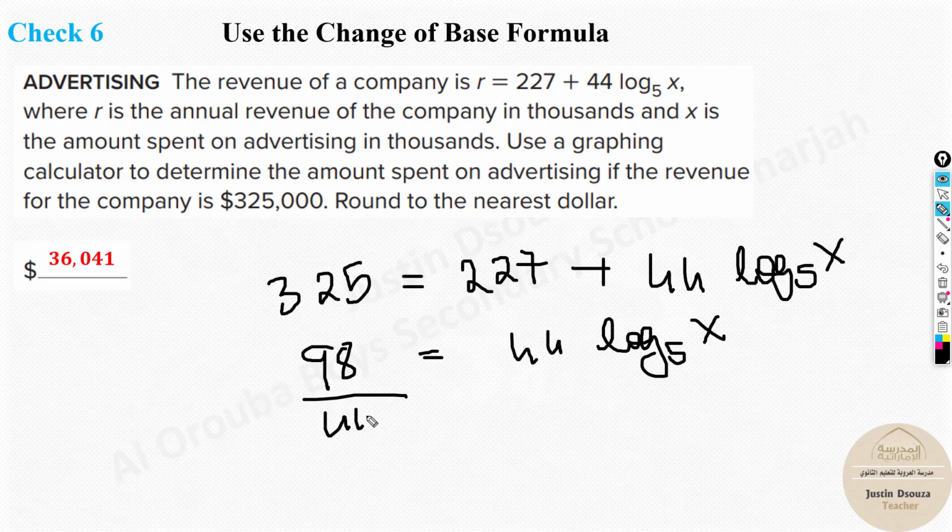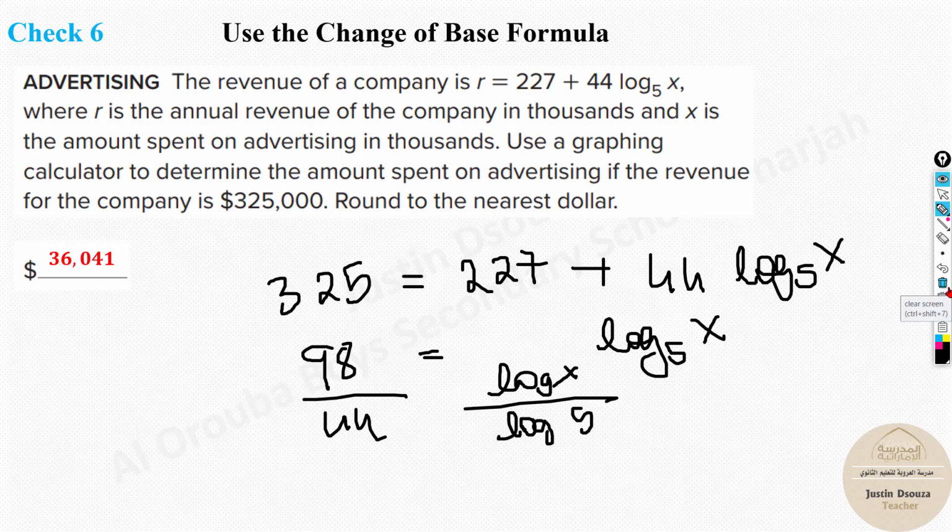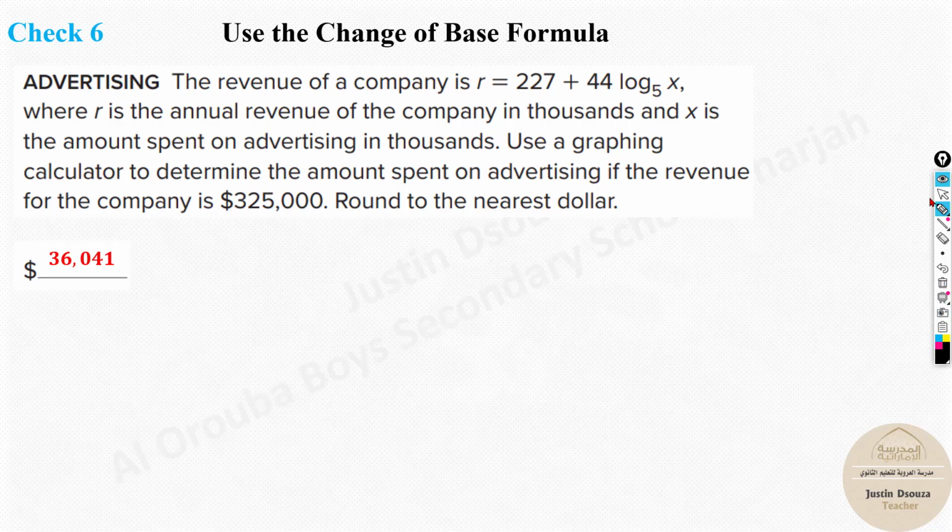Take this 44 over here, so that's gone. Now here you can just change the base. That means you can do log x divided by log 5. And then you can take this to the other side and then solve, because log can be solved, isn't it? Or you can even convert to exponential or any method. It's just that they have asked you to change the base, right? That is the concept over here. But you can directly do as well.